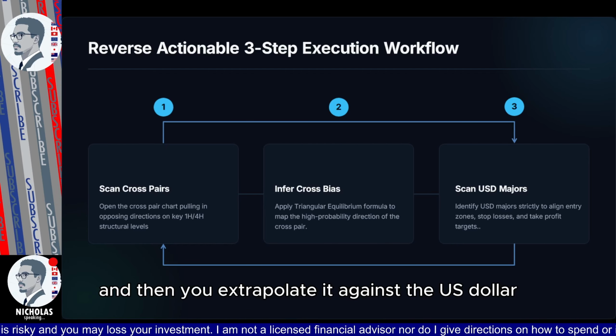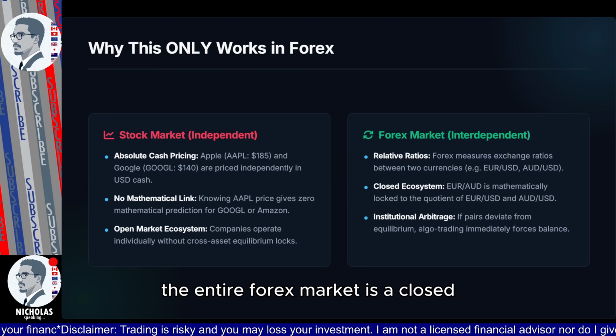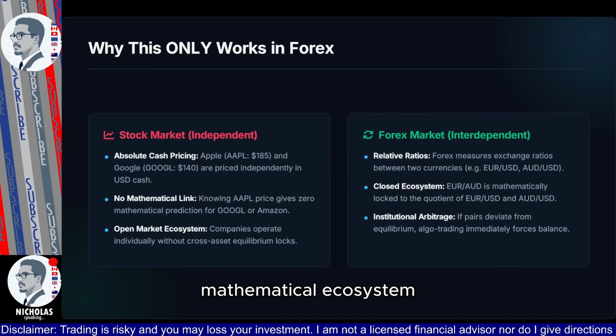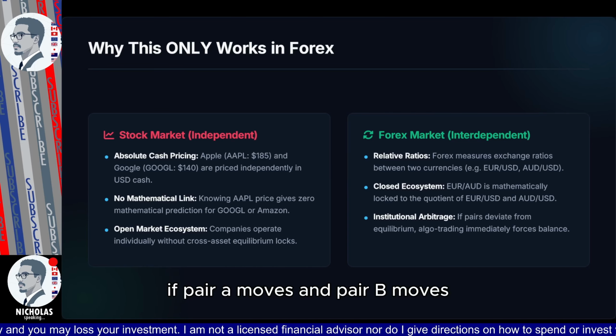It's an exchange ratio of 2 currencies against each other. Because every pair shares a base or a quote currency with another, the entire Forex market is a closed mathematical ecosystem. If pair A moves and pair B moves, pair C has to balance the equation. If it doesn't, institutional algorithms immediately arbitrage the differences until equilibrium is restored.